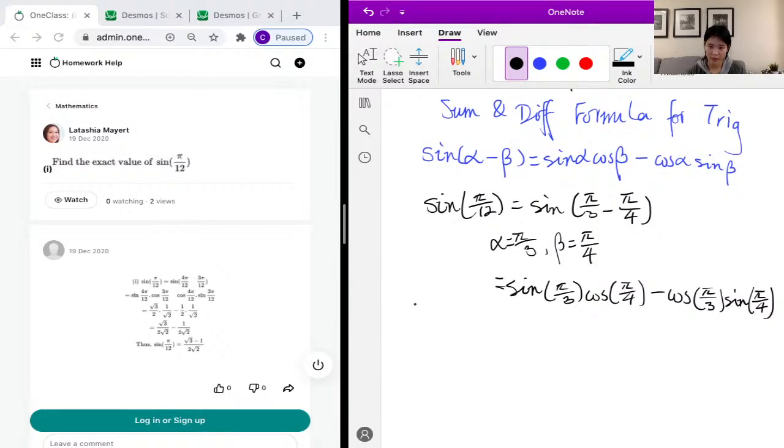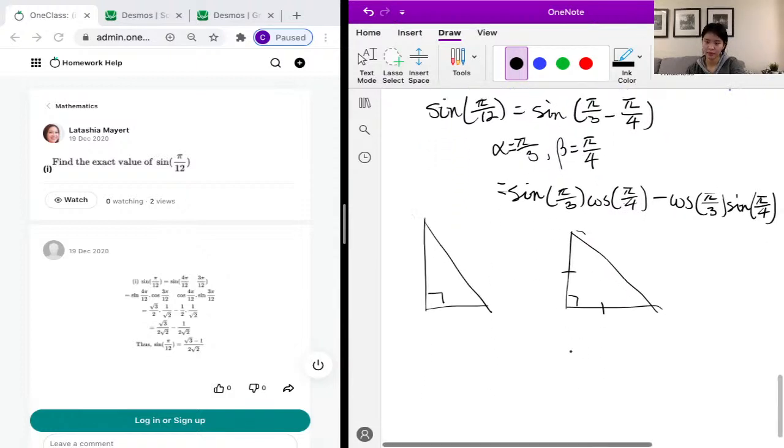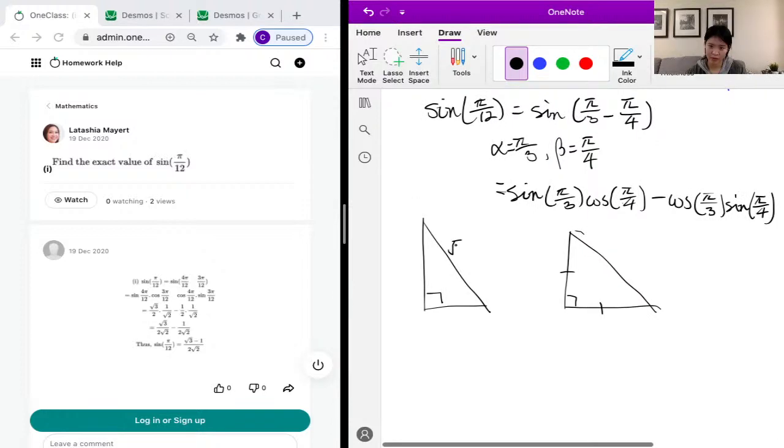Next, let's use our special triangles to figure out the value of sine of pi over 3, cos of pi over 4, cos of pi over 3, and sine of pi over 4. So let me draw these two special triangles here. Here we have our first special triangle. The hypotenuse is 2, it's not root 2.